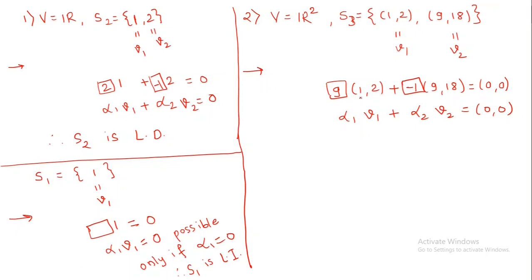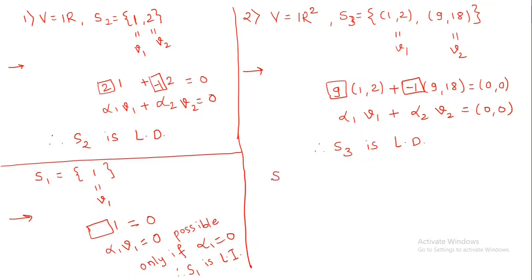Now you can easily see that I will get 9, 18 over here minus 9, 18, which is the 0 vector. So I am able to find alpha 1 and alpha 2 not both 0 such that alpha 1 V1 plus alpha 2 V2 is equal to 0. So therefore this S3 is linearly dependent.